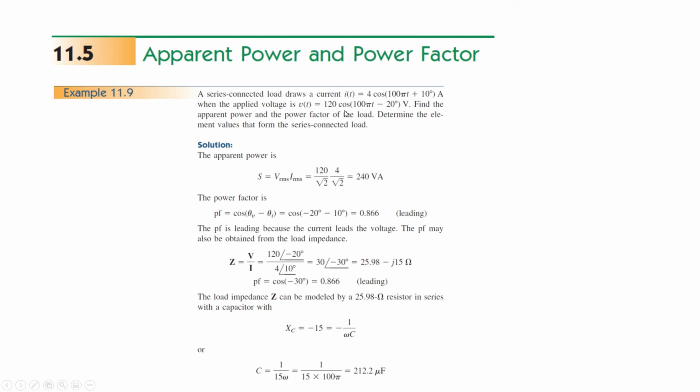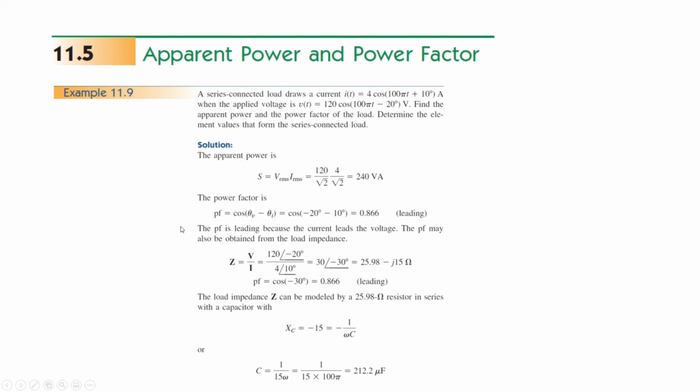And root mean square of voltage can be obtained by dividing the amplitude of voltage by under root 2. And once we have these root mean square values for voltage and current, we multiply them to obtain the apparent power, which is 240 volt ampere.